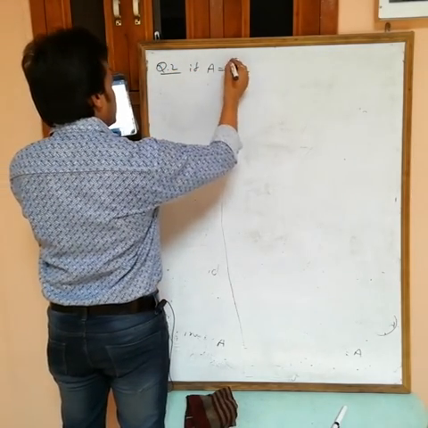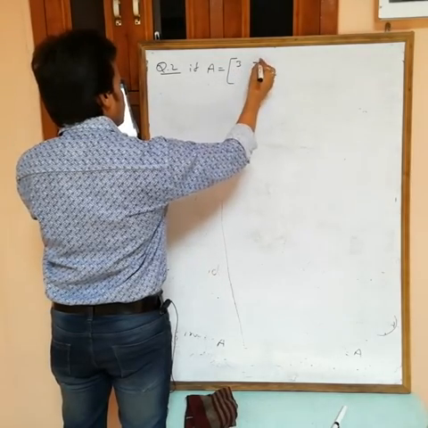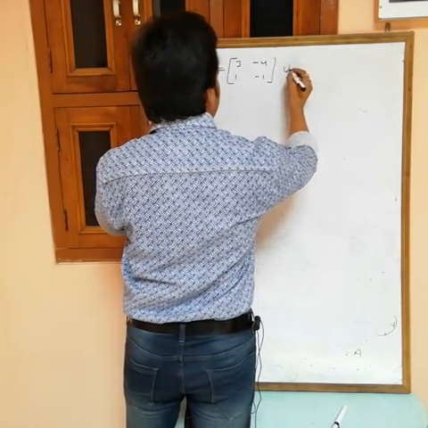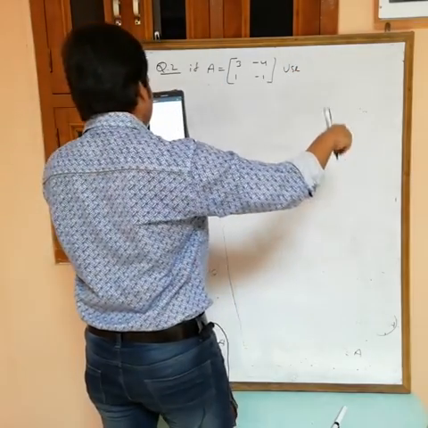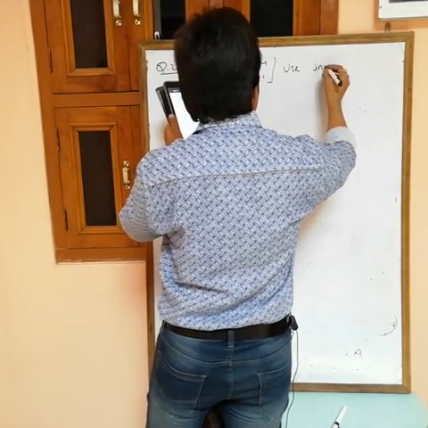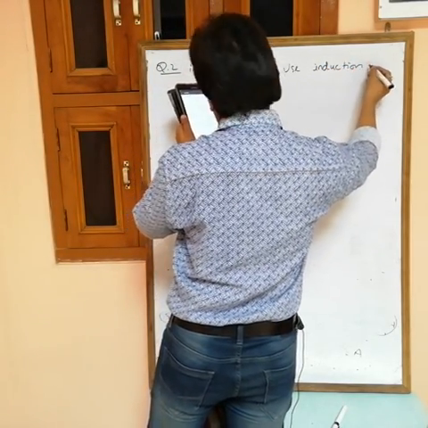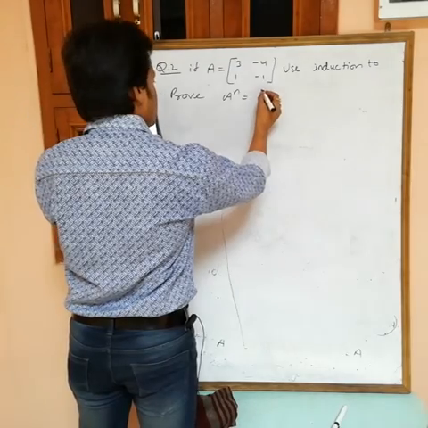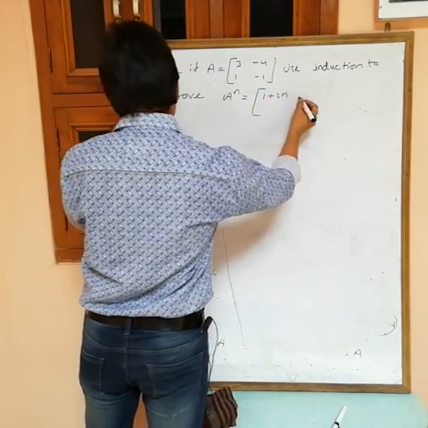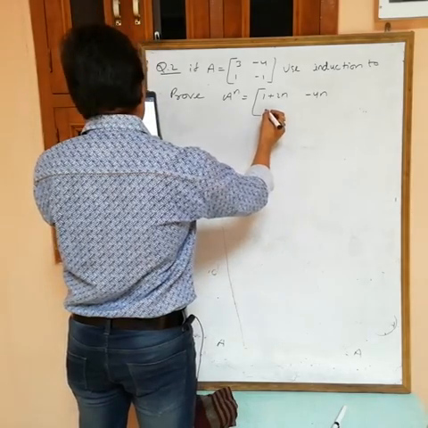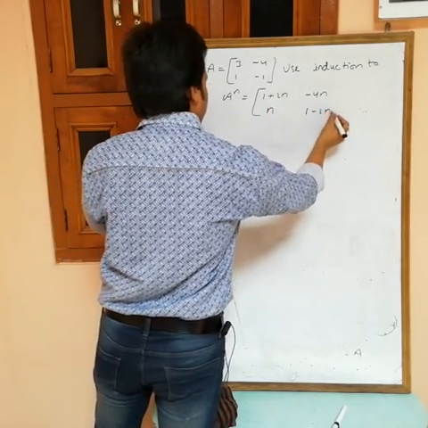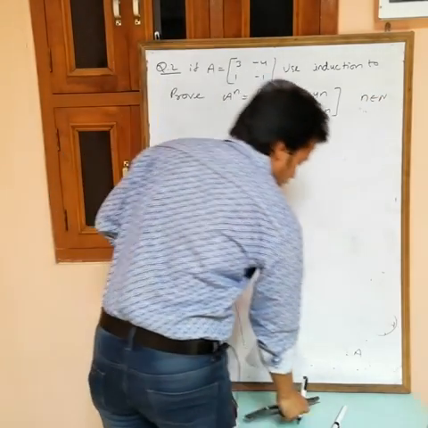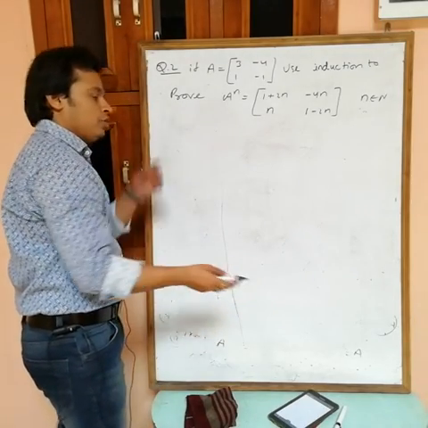If A is equal to [3, -4; 1, -1], use mathematical induction to prove A power n is equal to [1+2n, -4n; n, 1-2n], where n belongs to N. Actually you will get this type of question only in the board exam.